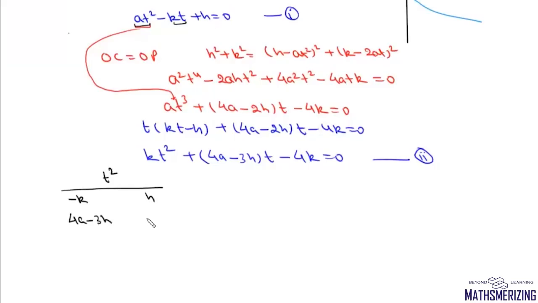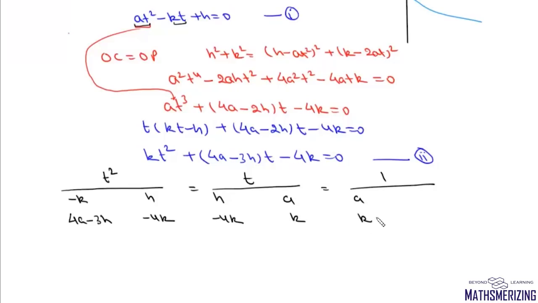It will be h and minus 4k, then h and minus 4k, and here it will be a and k, and first it will be ak, and then it will be minus k, 4a minus 3h.